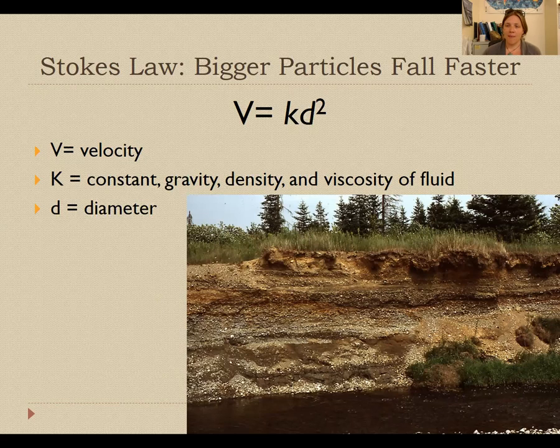And then on top of that, we have stacked medium pieces and then finer and finer pieces until that layer stops. And then on top of that, there'll be another layer with big pieces, small pieces, and then big pieces, small pieces. And each of those layers or beds represents a depositional event, and they all have this same grading pattern that has been caused by Stokes' law. And we call these graded beds.